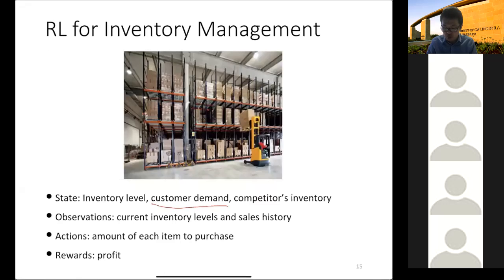And also you do not really know the details of your competitor's inventory. But clearly it is part of how the underlying world works, right? And the actions are going to be how many of each item you are going to stock before Christmas, and the reward naturally, in this case for the business decision making, would be the cumulative profit over the period that you are planning ahead.